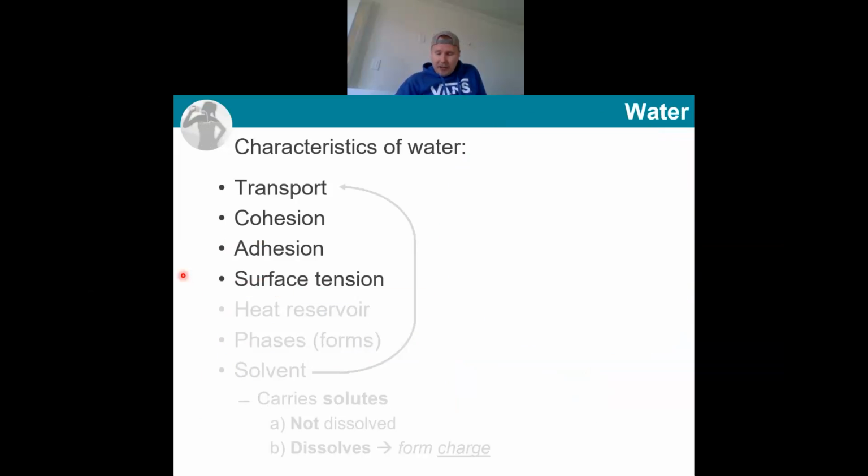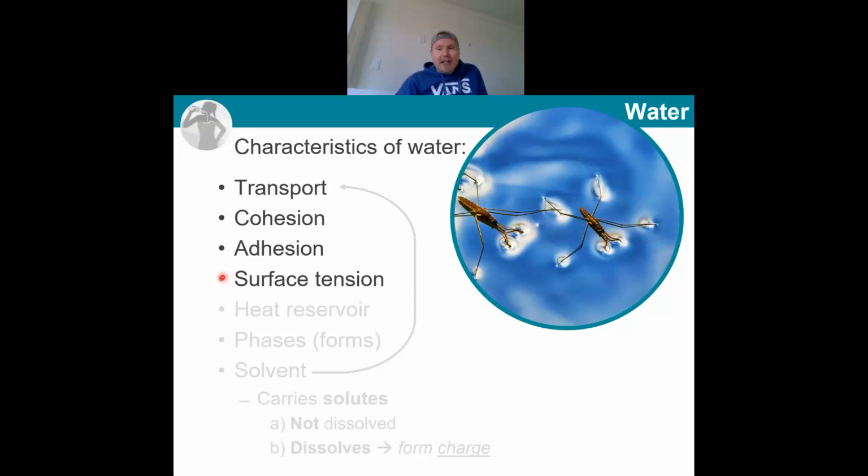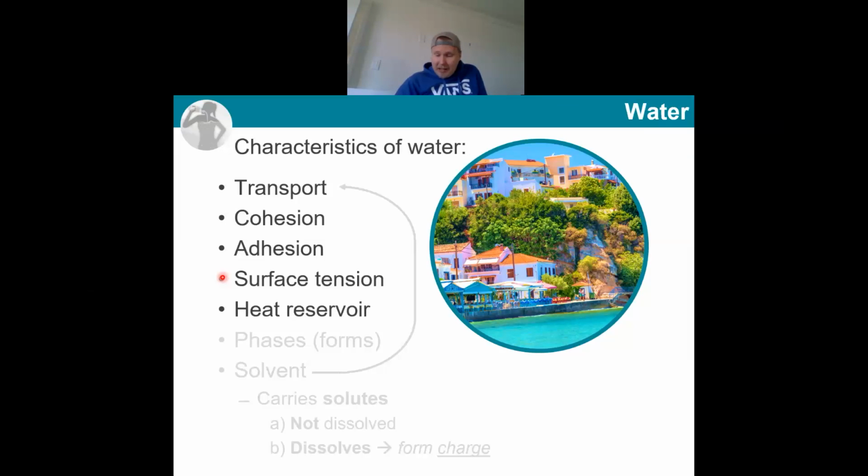Then let's have a look at the surface tension. Water has a high surface tension. It doesn't tend to break. So if you are small enough, like for example water bugs, they can use that and basically just walk on the water. Water also works as a great heat reservoir. That's why seas and lakes, for example, absorb a lot of heat during the day and then slowly release it over the night.